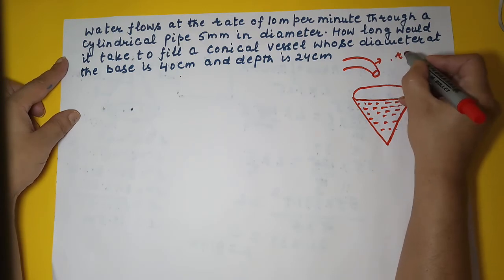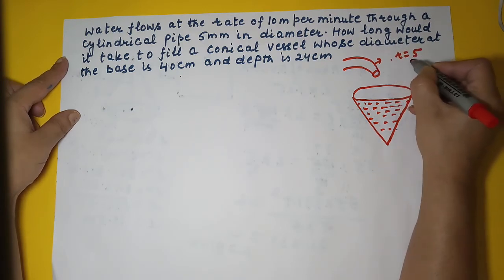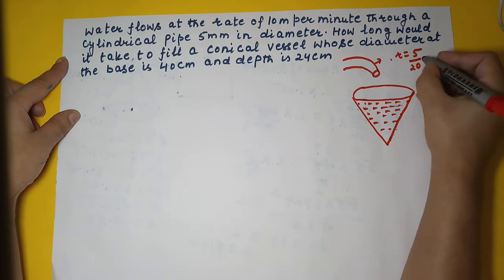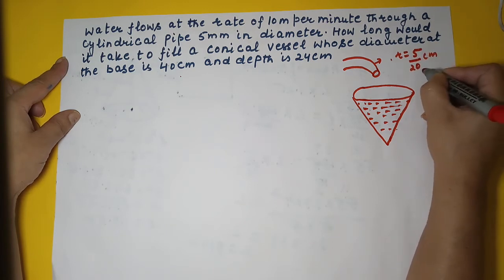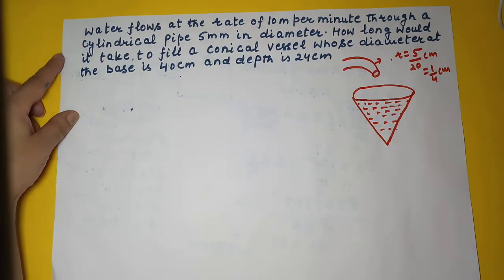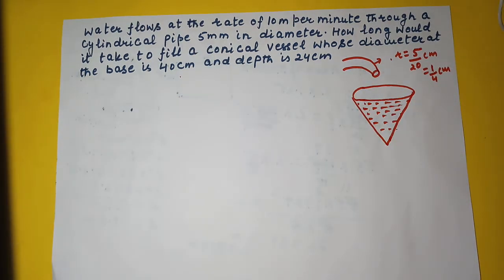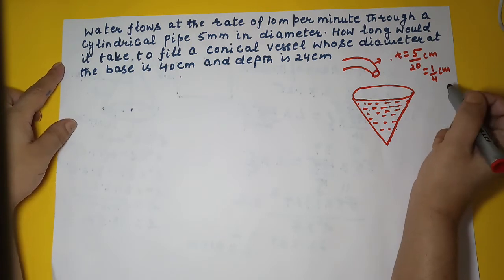So radius will be 5 by 20 centimeters, which is 1 by 4 centimeters. This is in millimeters. So we have converted this into centimeters, right?